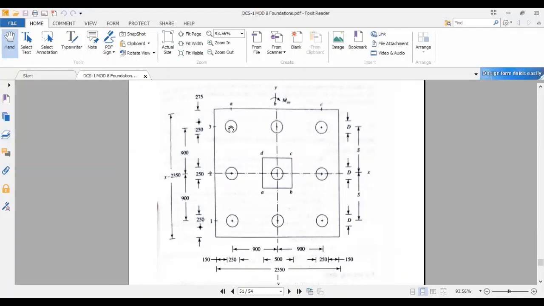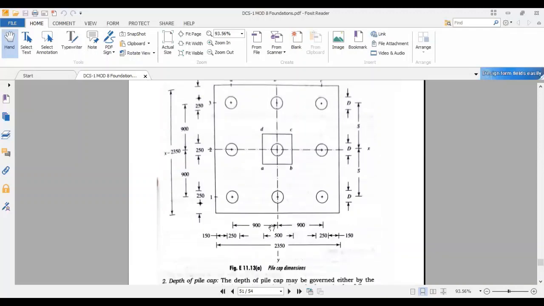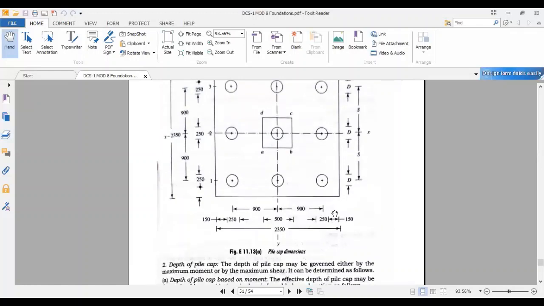These are the individual 9 piles which are below this pile cap, and this is the column that is carried by this pile cap, and this is the spacing between two piles, 900 mm each. Dia of pile is 250 mm.